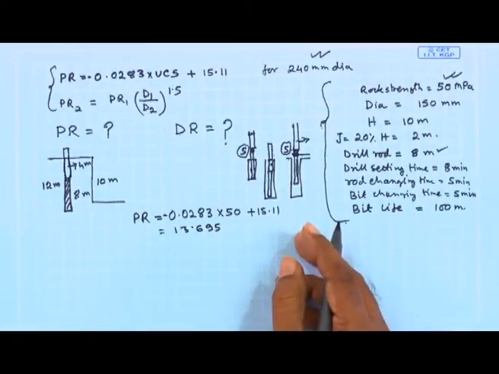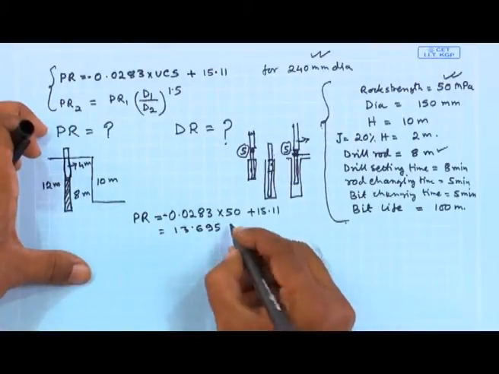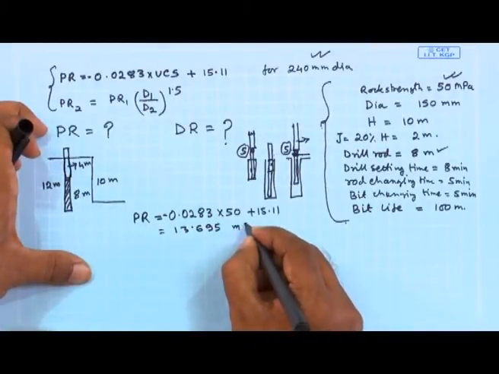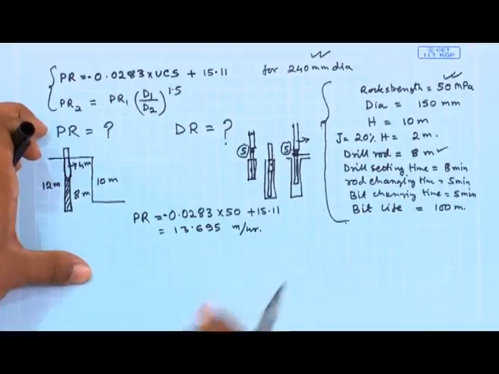Okay. So, this is the penetration rate expressed in terms of meter per hour.